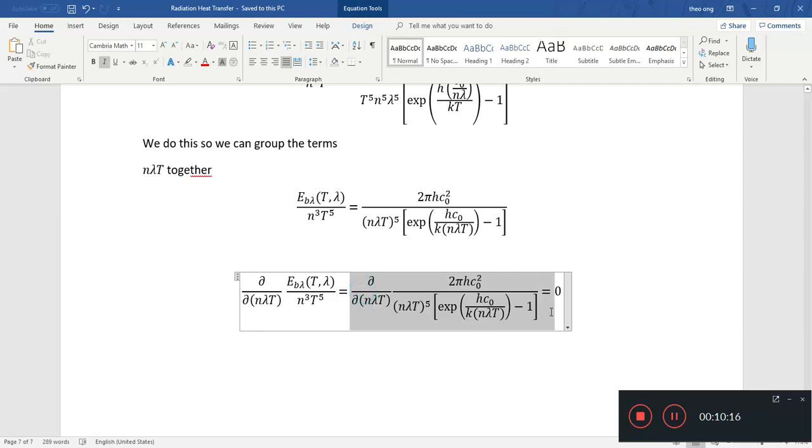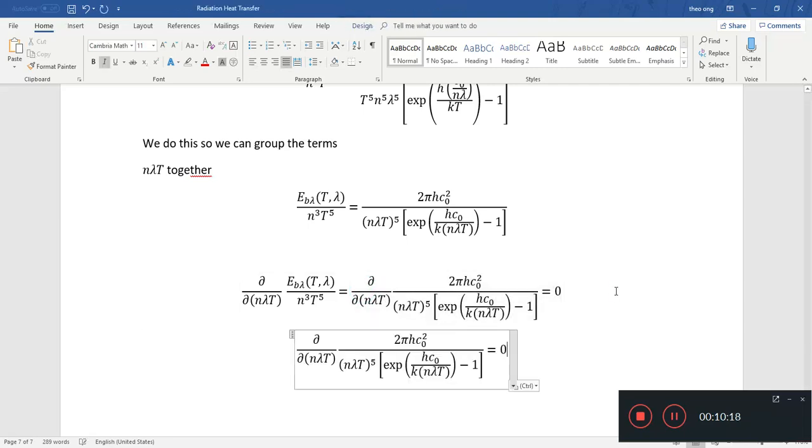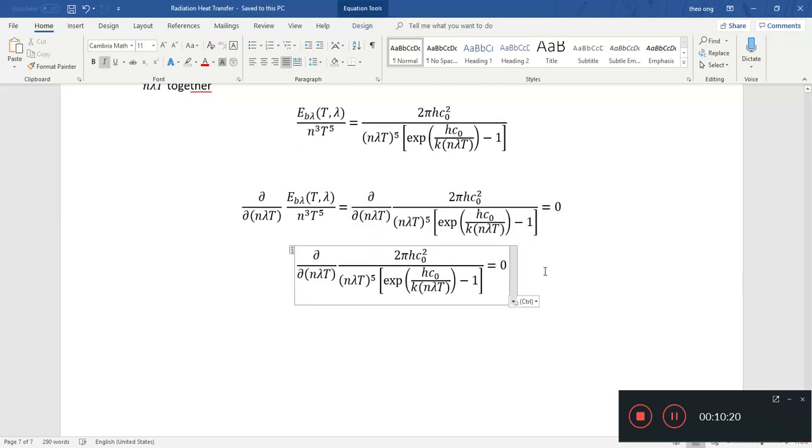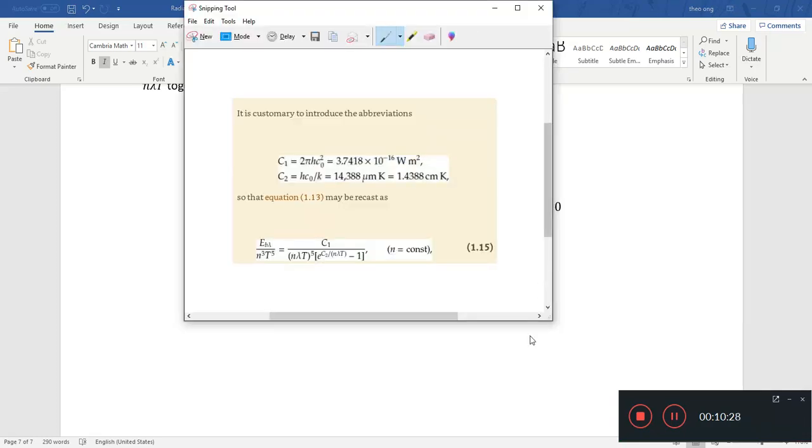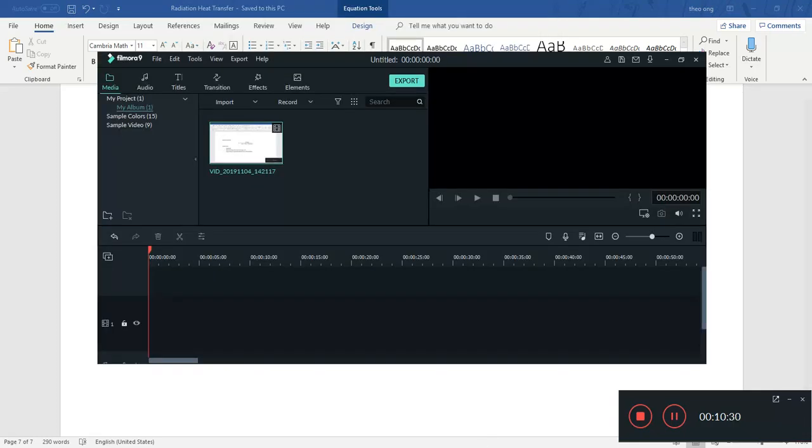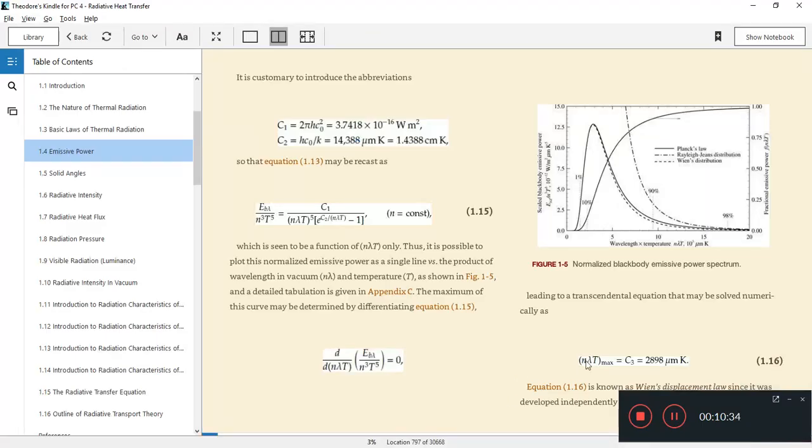Setting this to 0 is challenging in its own right, but there's a simple result that comes out. I'm not going to do the differentiation. It basically says the equation ends up like that.